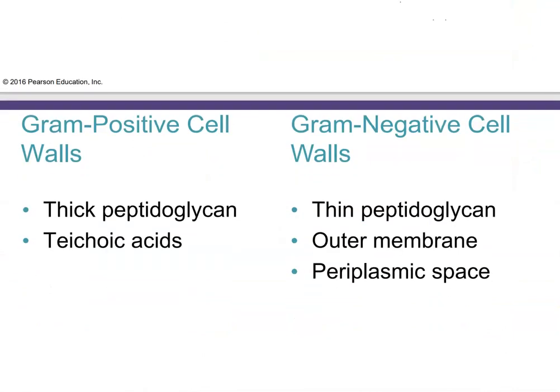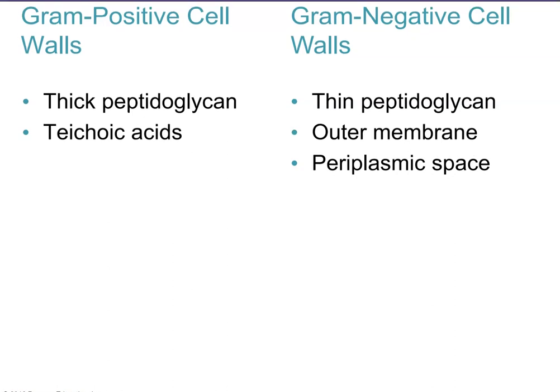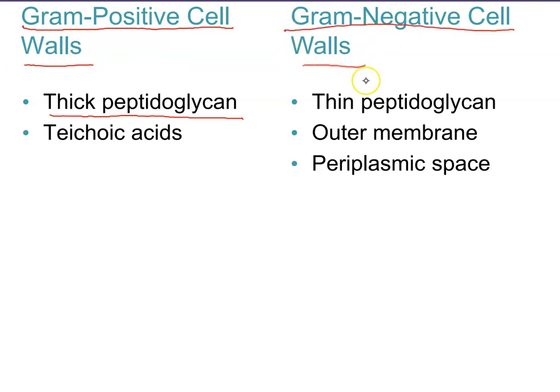Now let's take a look at the gram-positive versus gram-negative cell wall. The gram-positive cell wall has thick peptidoglycan, versus the gram-negative cell wall, which has thin peptidoglycan.